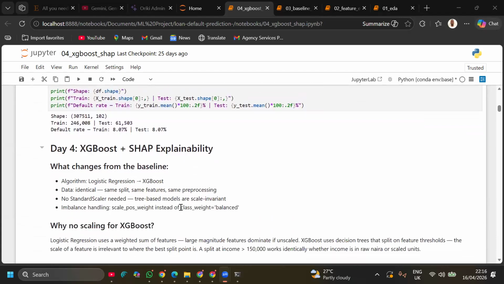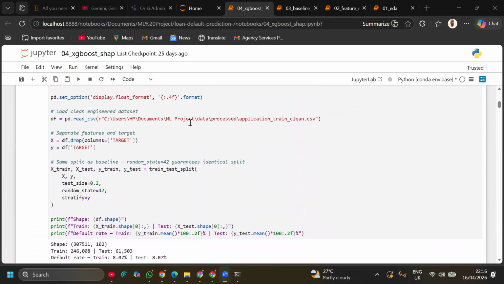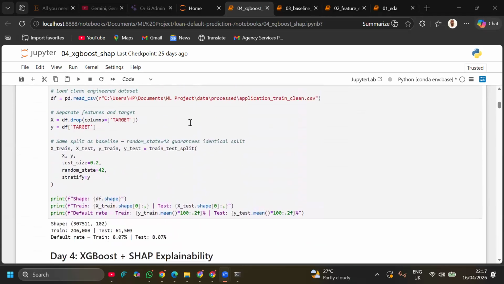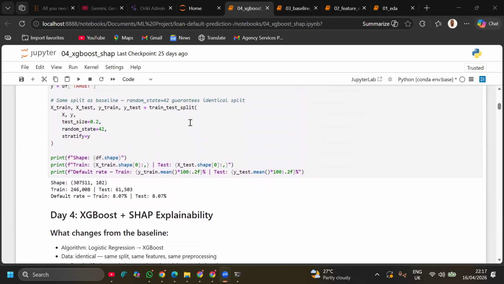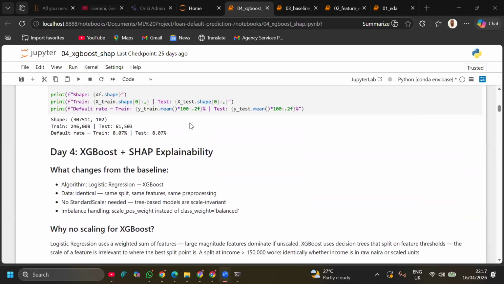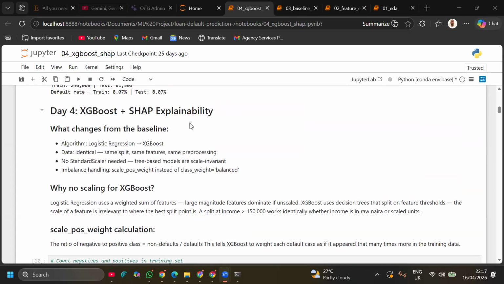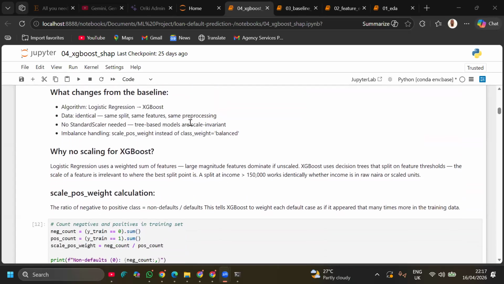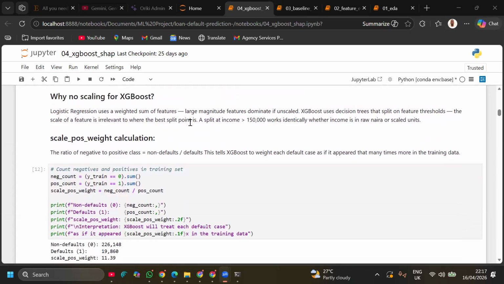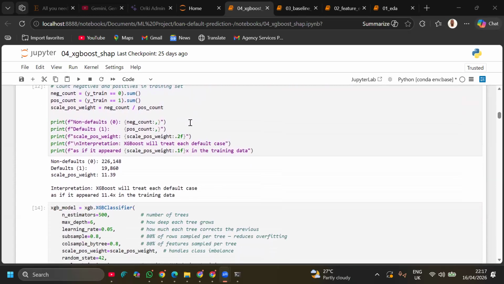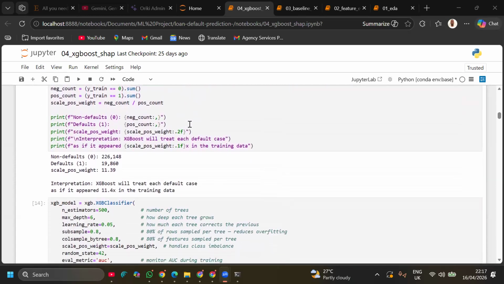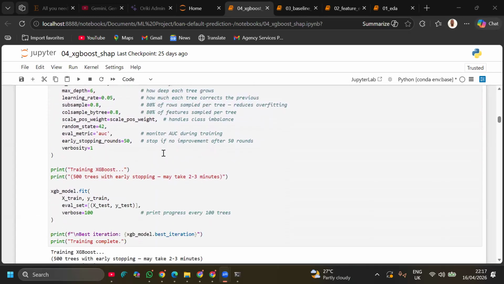So after building the model for the XGBoost and putting certain criteria, we ensure that the random state is still 42 and the stratify is the same, so whatever we are putting on this side is also the same thing on the other side.